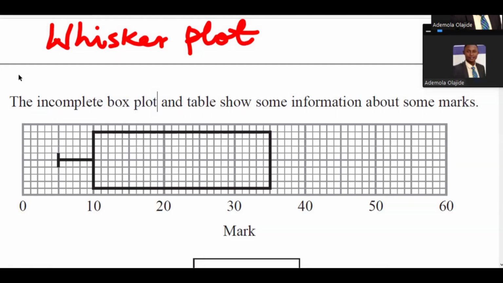This box is actually not complete yet, but we use it. It's a kind of graphical representation of data distribution that uses a box and lines, that's what we call whiskers, to show the median, quartiles, and potential outliers.